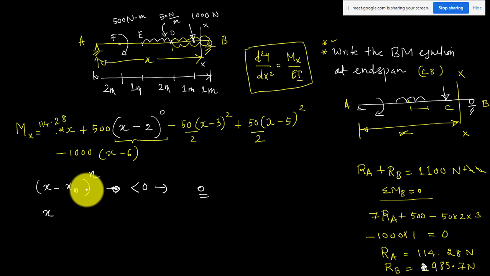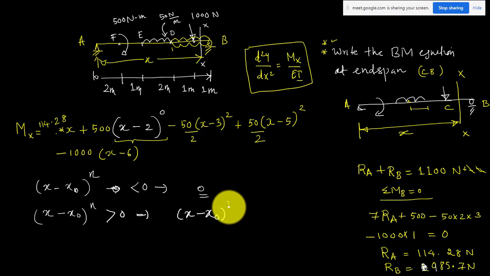If this quantity is coming negative in any of the sections, from the same equation, you have to replace this term with 0. And if it is coming positive, then that term we have to consider.